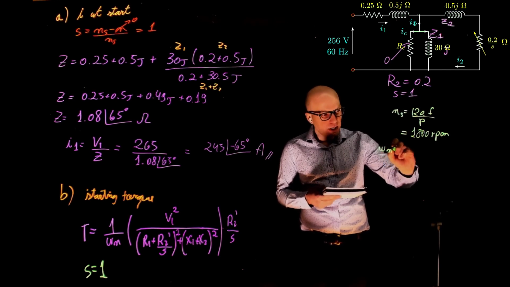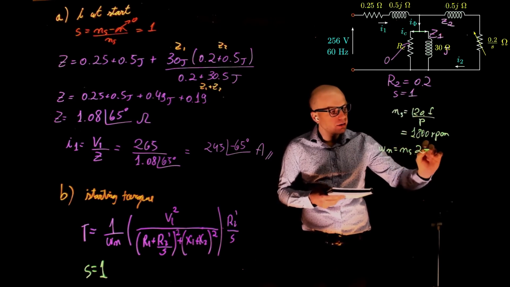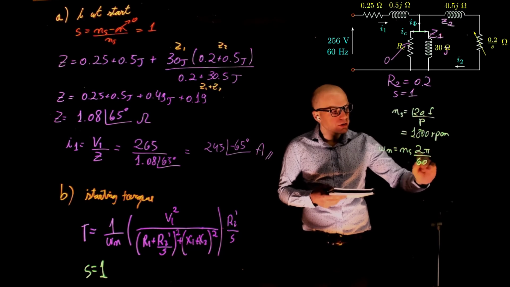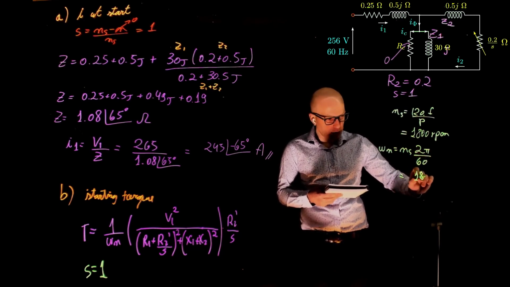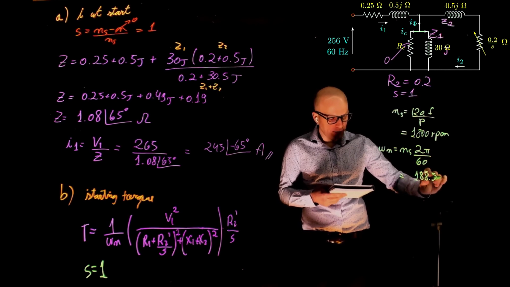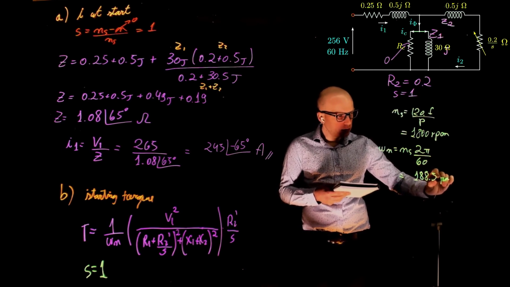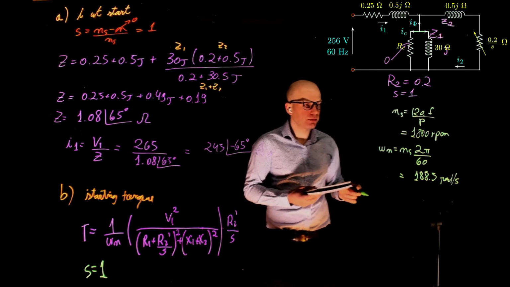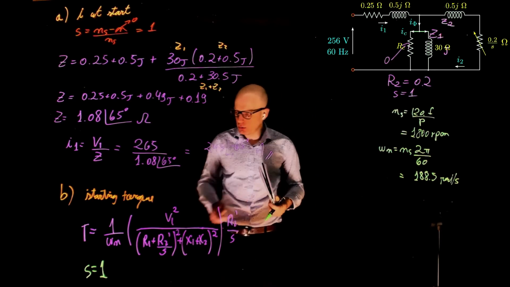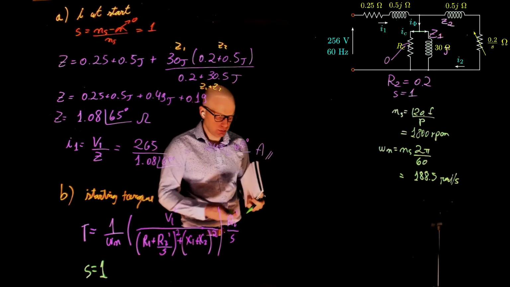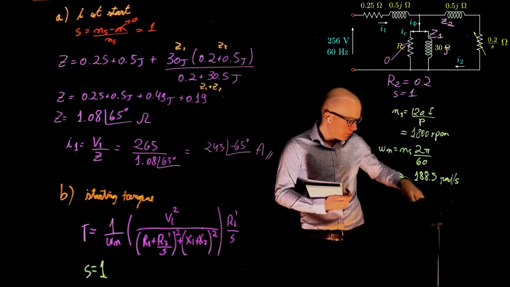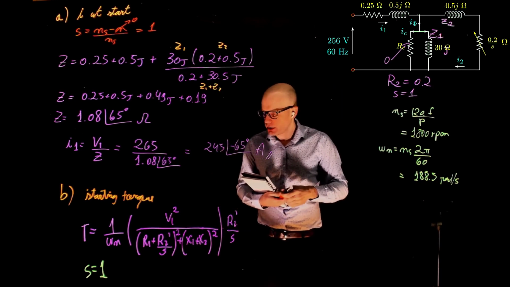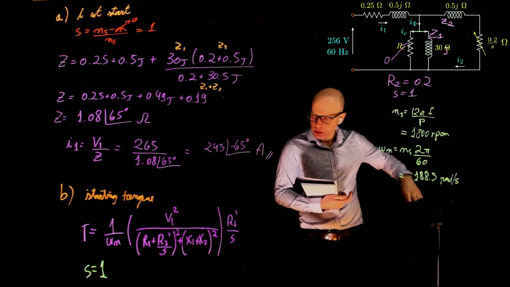Simply multiply this by 2 pi over 60, and this gives 188.5 radians per second, which is the speed we need here. All right, we have everything here. Let's calculate it. Question, sir?